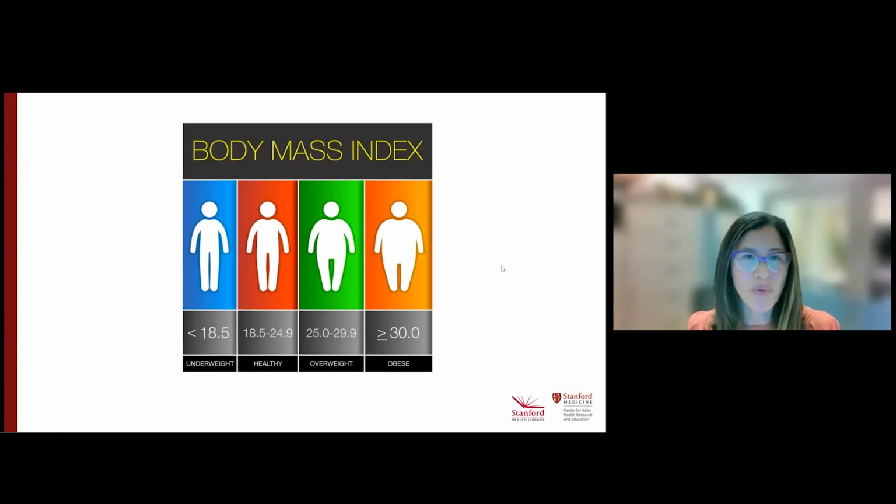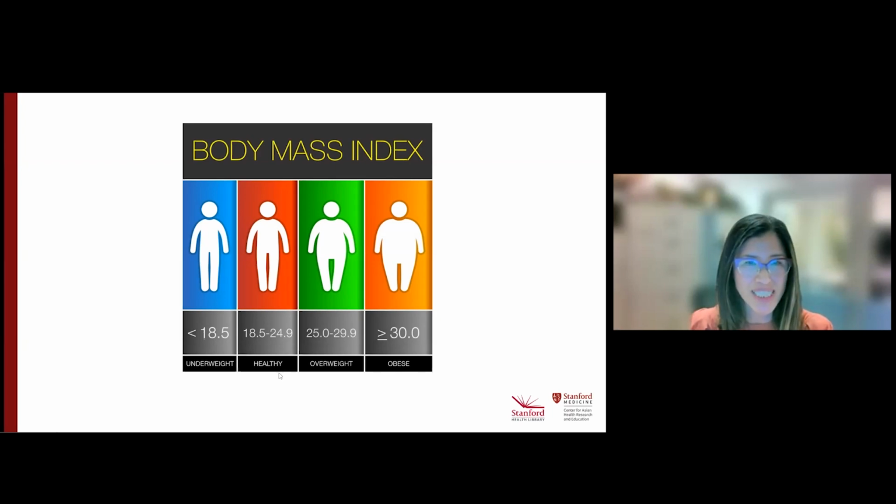So you may be aware of these cut points. These are traditional cut points for body mass index. There's several categories, including underweight. Some people categorize the next panel here as normal weight, or healthy weight.